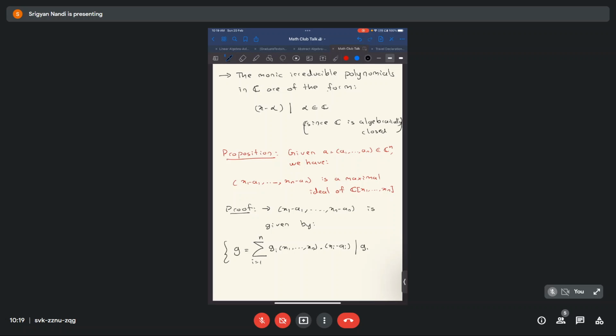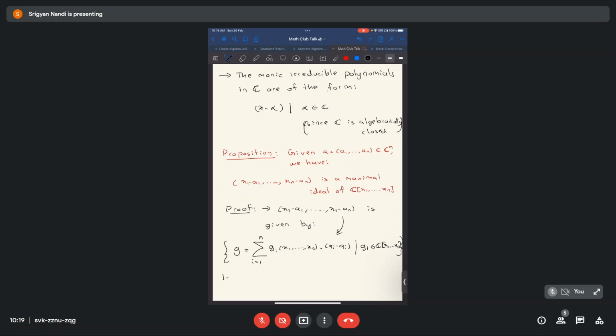So this is basically the ideal that we are talking about here, right? This is a more precise definition since it gives the form of every element of the ideal.